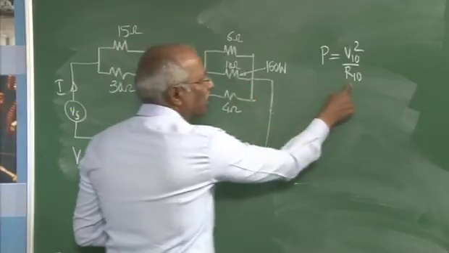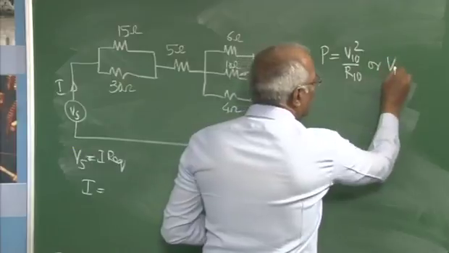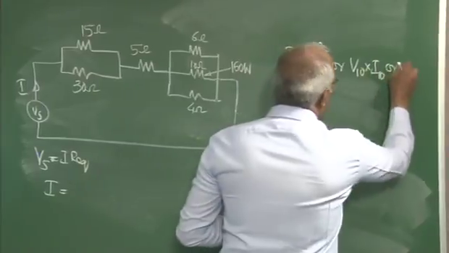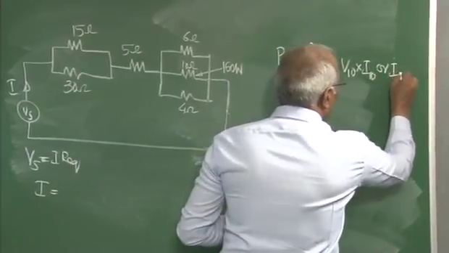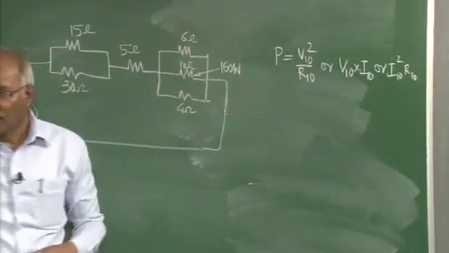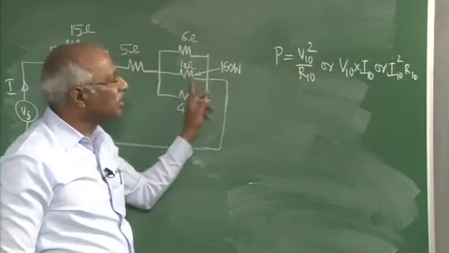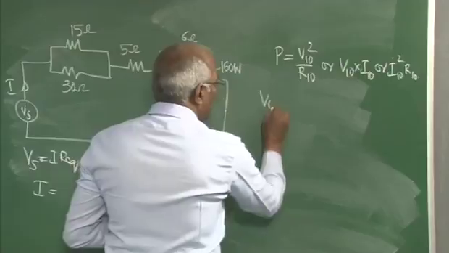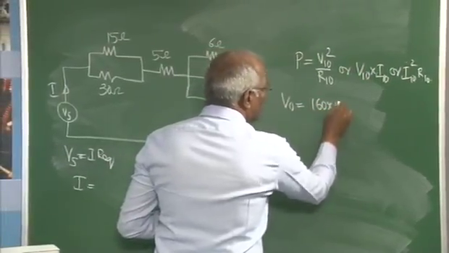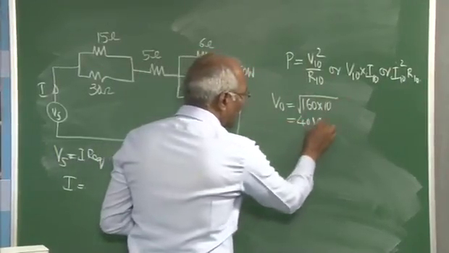This will be R10; the power will be equal to V10 squared divided by R10, or it may be equal to V10 into I10, or it may be equal to I10 square into R10. So we can use this expression to find the voltage. Therefore, V10 will be equal to the square root of power into resistance, that's 160 into 10 under root. So that comes to 40 volts.